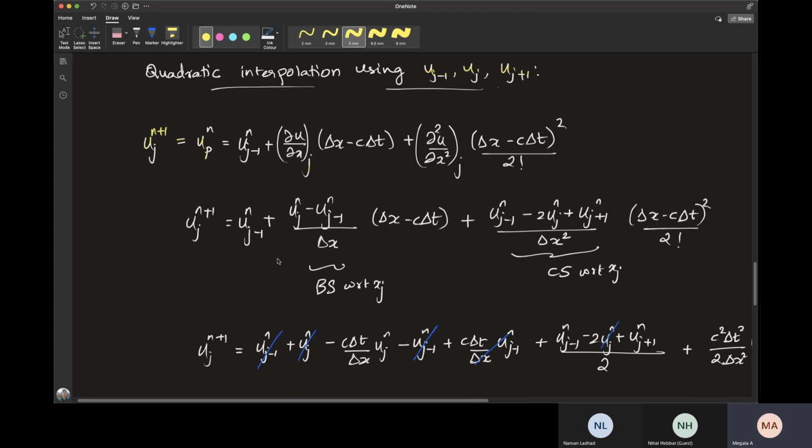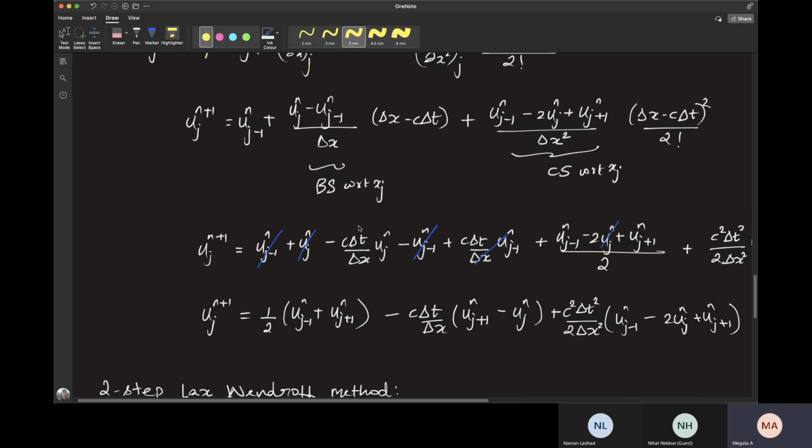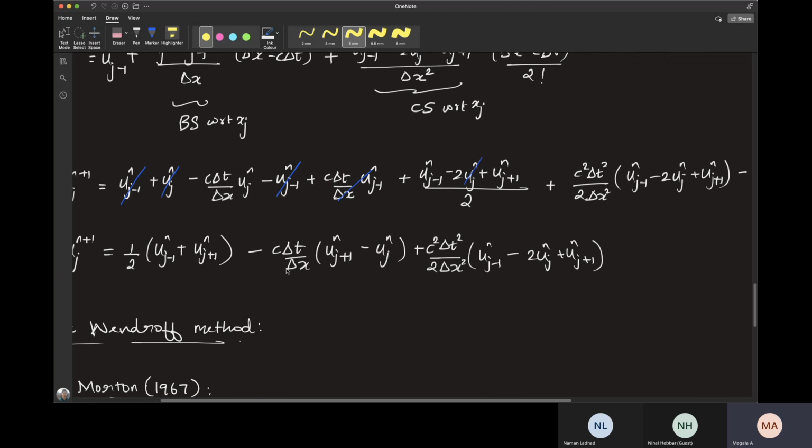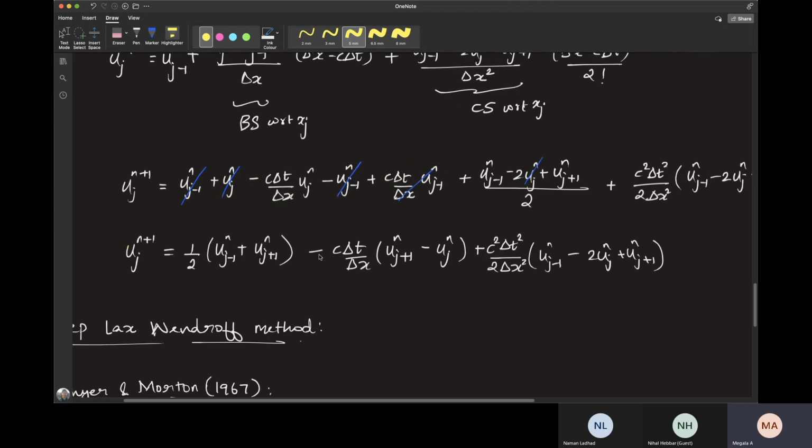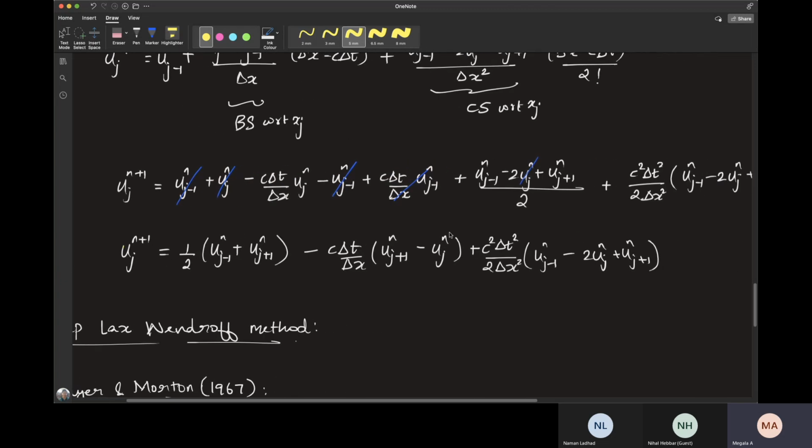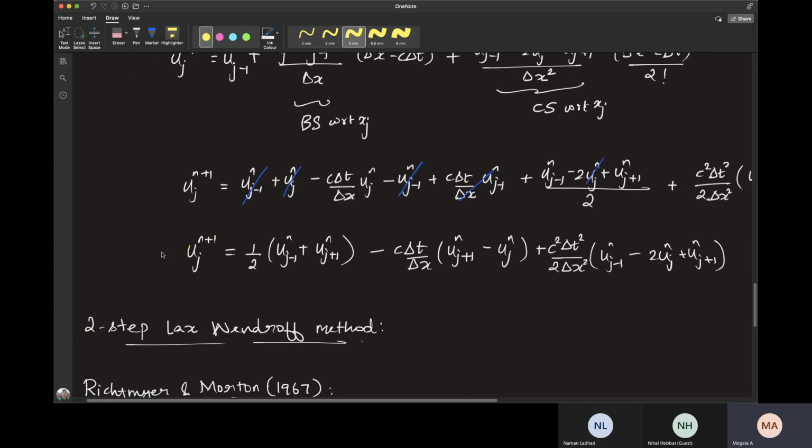Then upon some simplifications, it becomes something like this. I don't know if there is some scheme like this, but this can also be treated as some numerical scheme, provided it is stable.